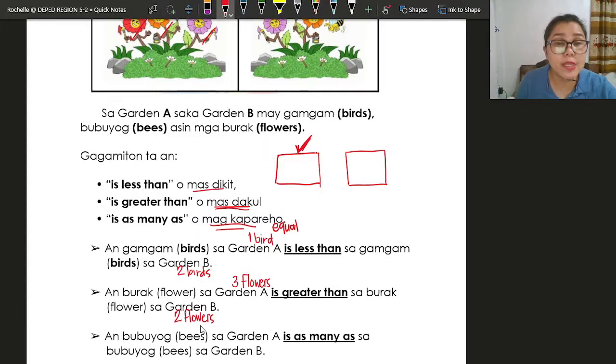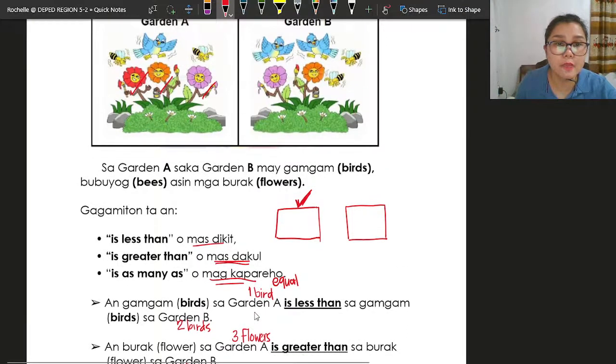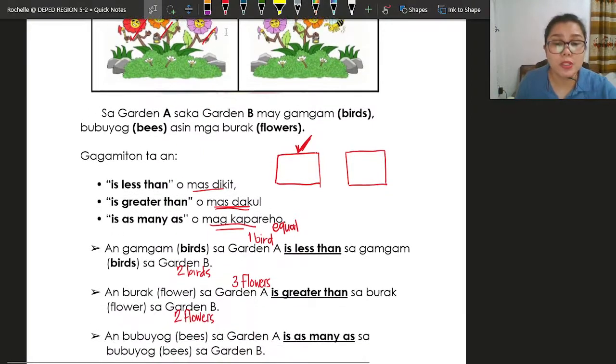Next, the bees. Ang bubuyog sa garden A, ilan ba? Let's look at the picture again. So we have 2. For garden B, there's also 2. So, garden A has 2 bees, and then for garden B, 2 bees also. That's why we use the term as many as.